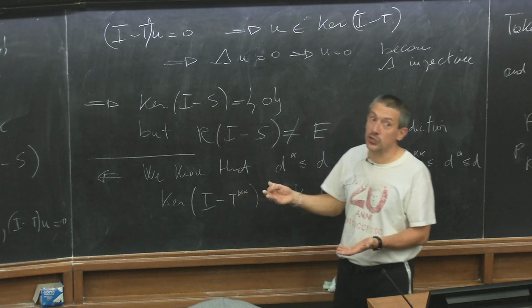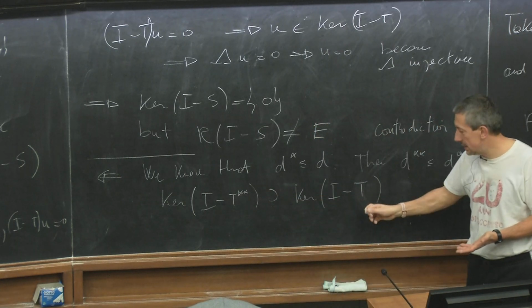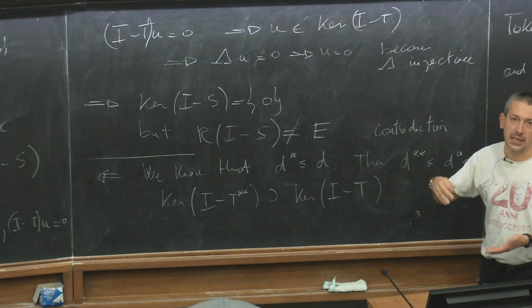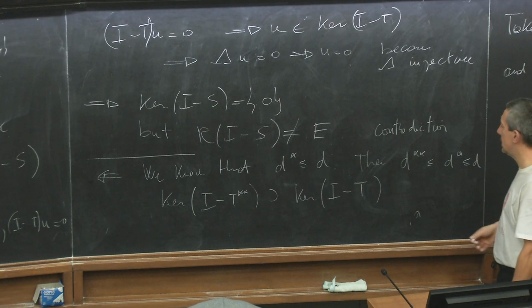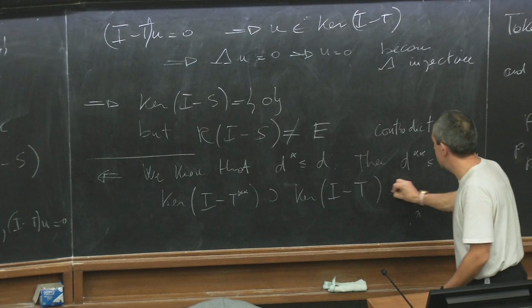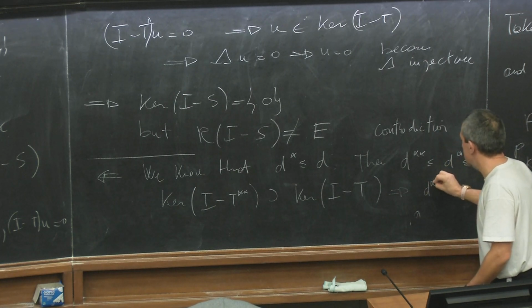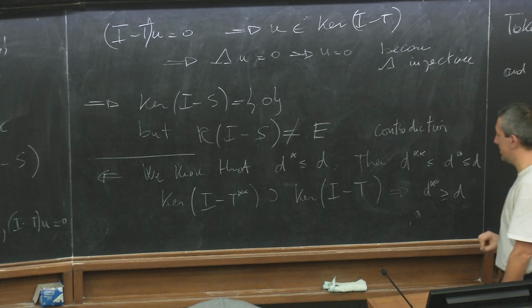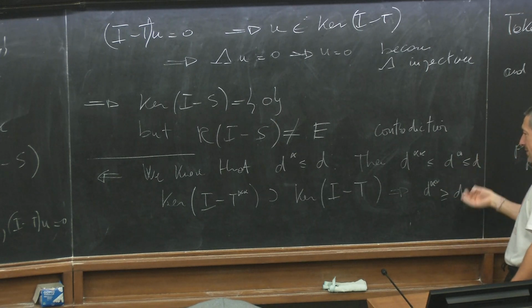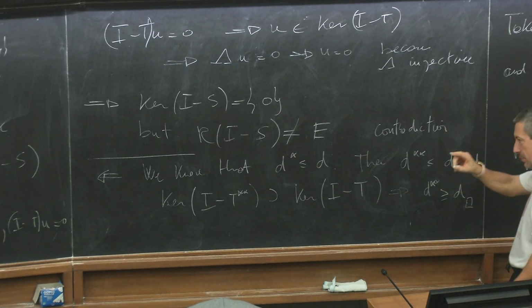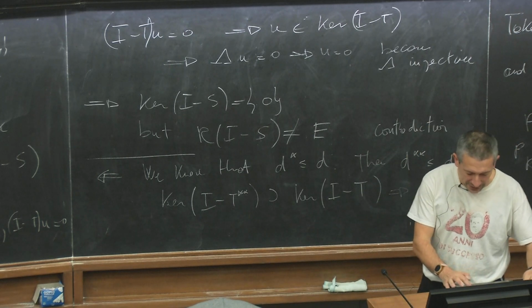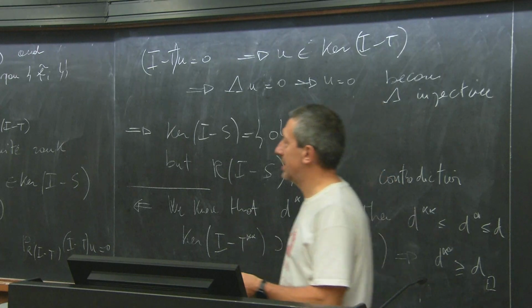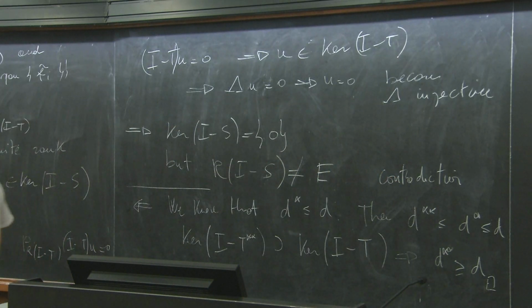So T star star coincides with T, so it commutes with the isometrical embedding. Okay, and then this implies that D star star is larger than D. So everything goes together, and this gives point D. And this is the proof, which is quite long. I'm sorry, but it's very important.